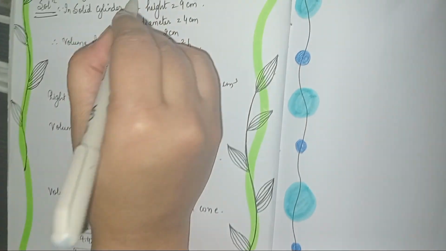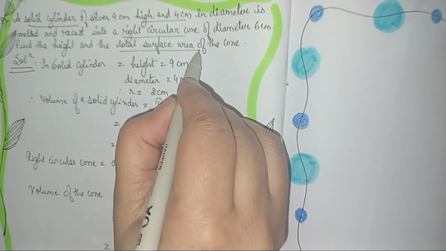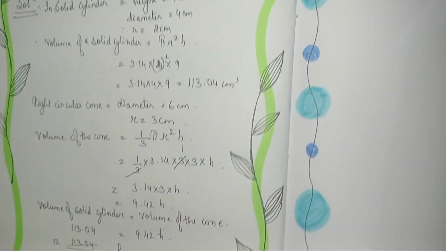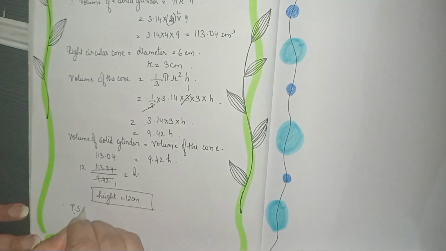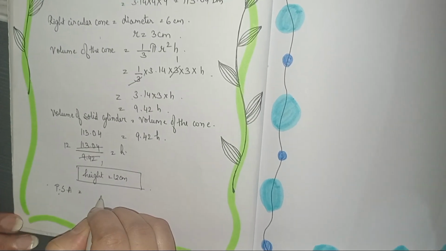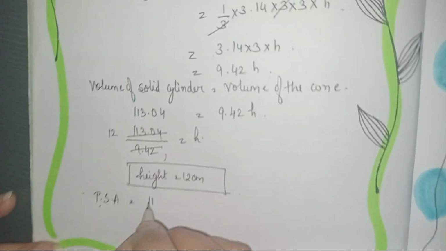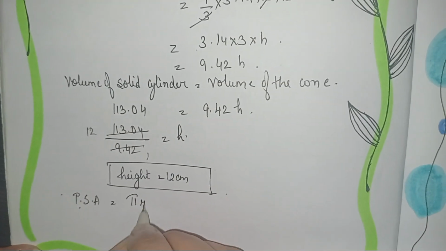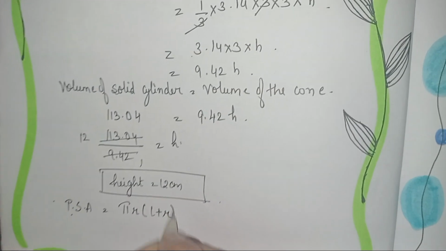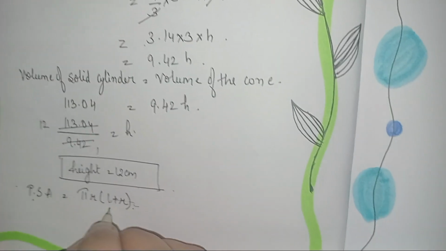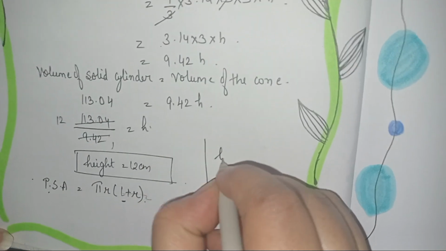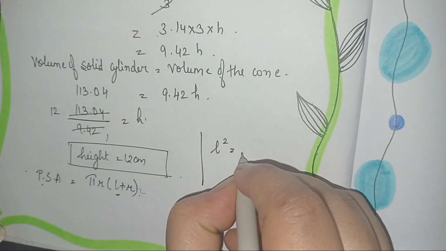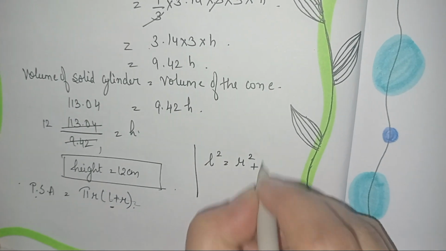Then they have asked you to find the total surface area. So for this total surface area we need the formula. Total surface area formula is pi r (L plus r). We need your L, so we'll calculate L first. L square is equal to r square plus h square.